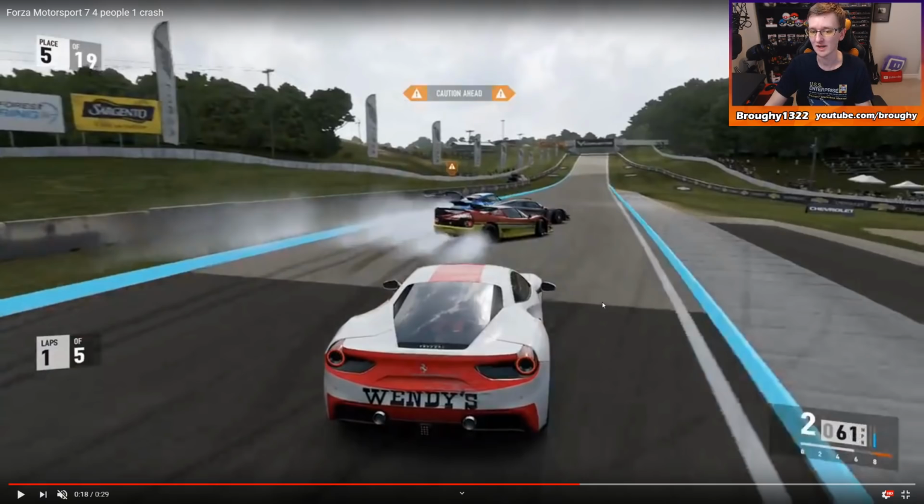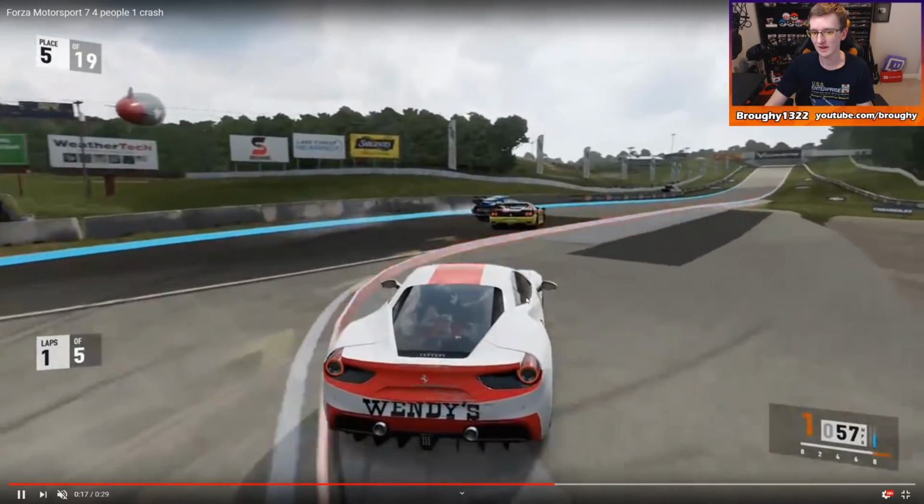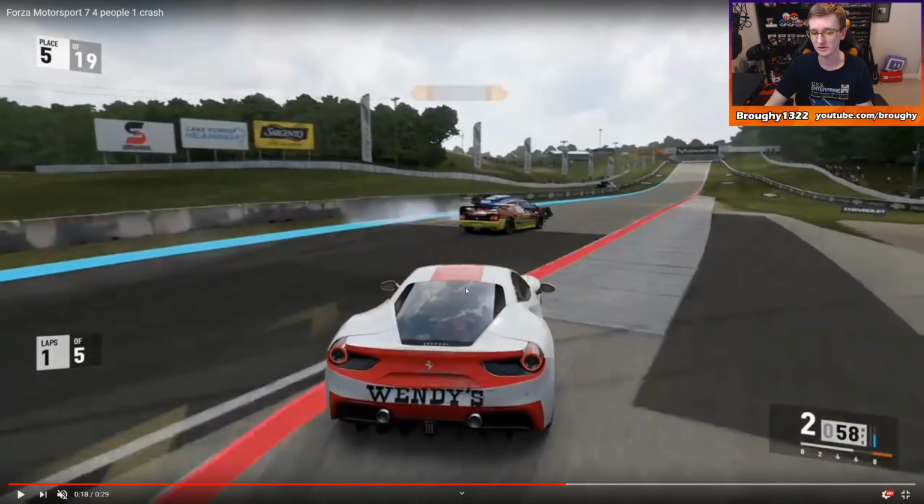It happens sometimes, and you couldn't really apportion any kind of blame, at least I don't think so, to anyone in particular. You could say that the red and yellow car cut the corner too much, which is what our red and white car who we're driving with did as well, but cut the corner too much and made the contact with the grey car worse, such that he had a worse time of it.